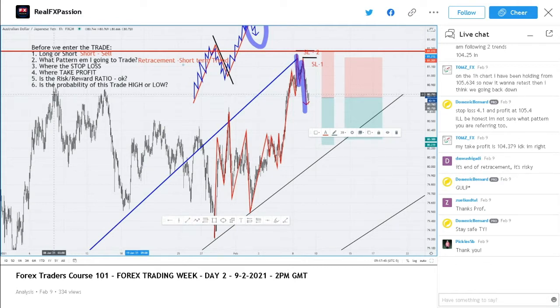GTL says probability is good because the higher high sequence has been broken, so we are expecting lower highs and lower lows. Great answer. GTL is expecting lower lows and lower highs. 100% winner? No, sir.